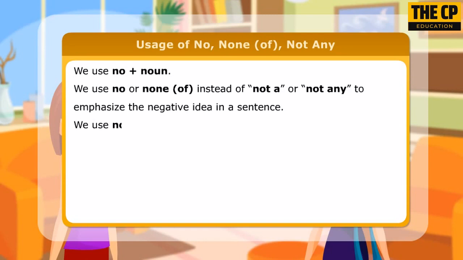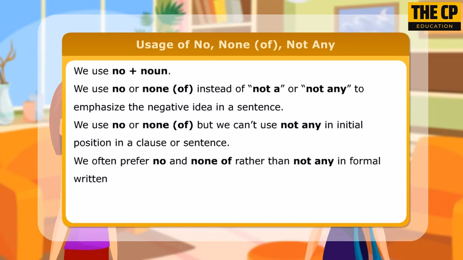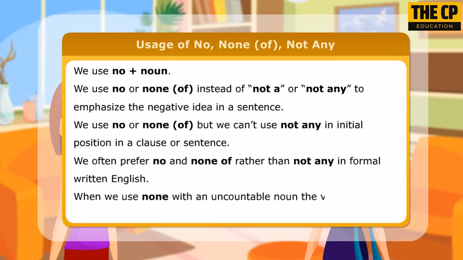We use no or none of, but we can't use not any in initial position in a clause or sentence. We often prefer no and none of rather than not any in formal written English. When we use none with an uncountable noun, the verb must be singular.